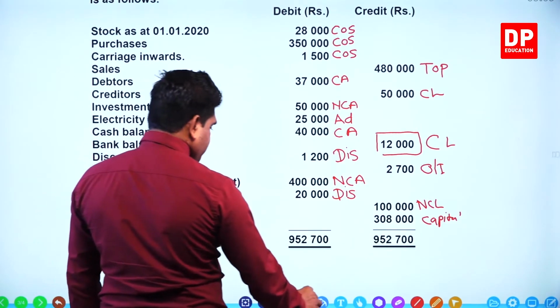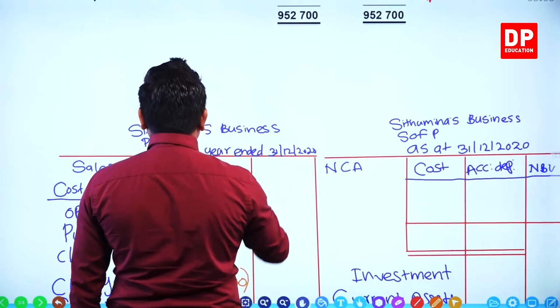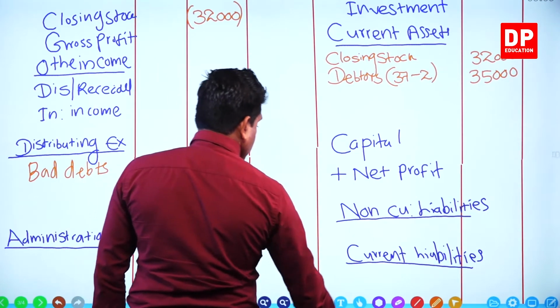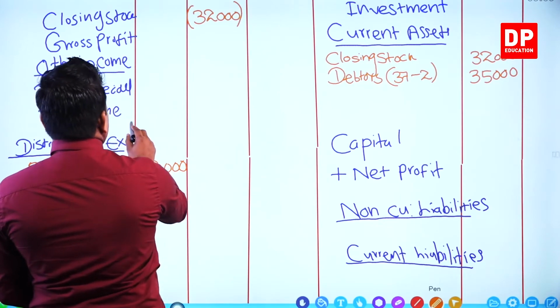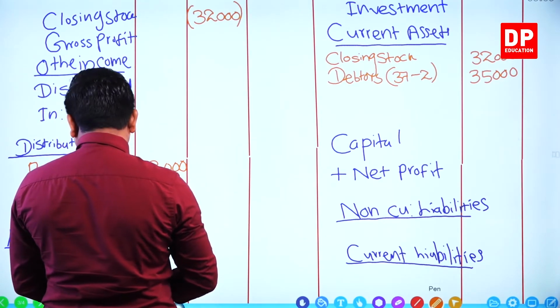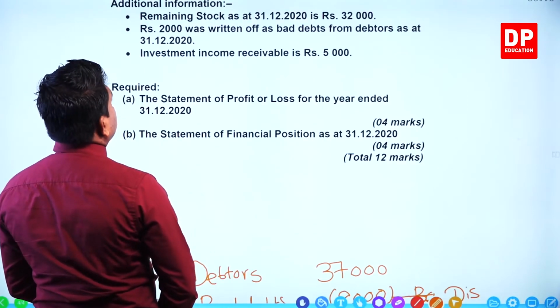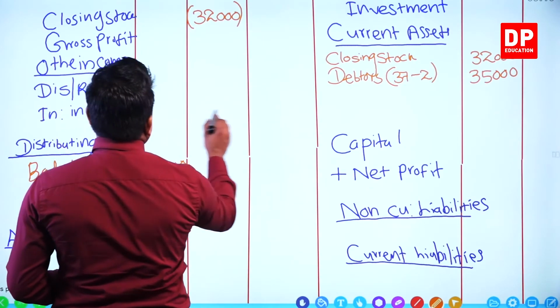Then what you do? Then you remember receivable investment income, right? You have to write it under the investment income. How much the value? Do you remember the value? No. We can check it here. 5,000? Oh, okay. Then you can write investment income 5,000.